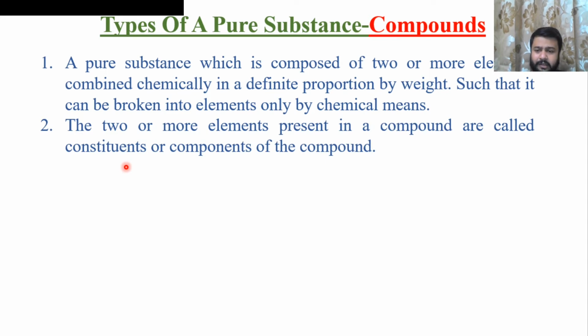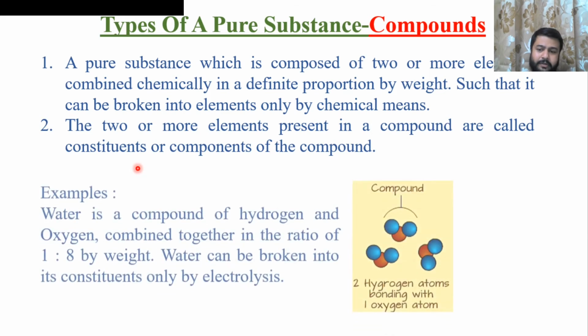Copper sulfate, copper, sulfur and oxygen. Iron chloride or ferrous chloride, iron and chlorine. Ethanoic acid. Ethanoic acid is CH3COOH, that is carbon, hydrogen and oxygen. So these are what constituents or components of a compound.